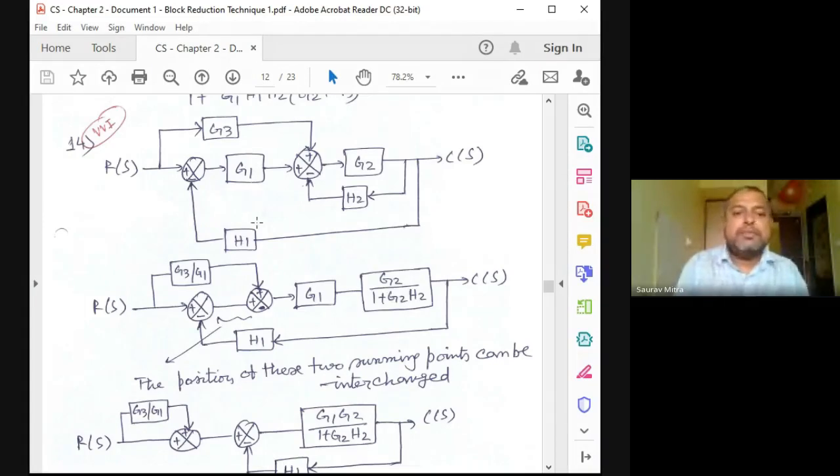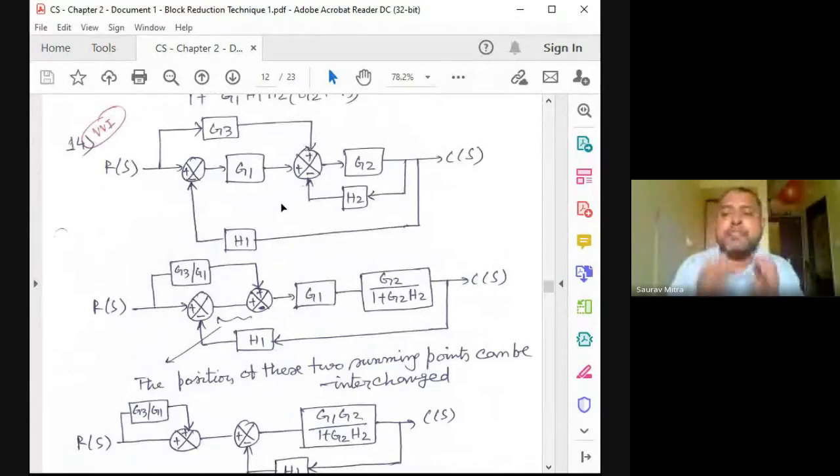The next step, which is not written, is to shift this G1 block after this summing point, or get this summing point before this G1. As we did previously, if you are shifting a summing point before a gain block, then whatever is the gain related to that summing point gets divided by that gain block.